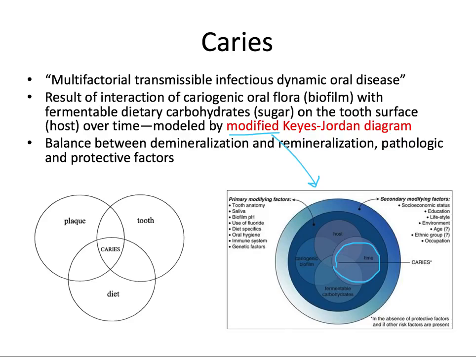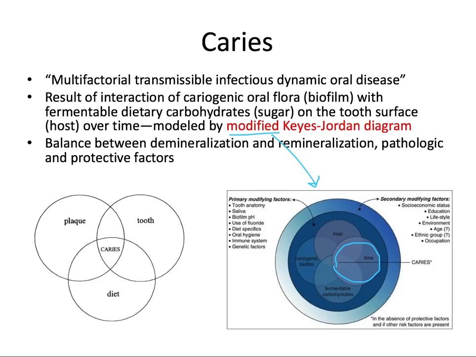There's saliva, pH, fluoride, hygiene, all things that we've touched on throughout this video. And again, most importantly, we need time for a cavity to happen. This isn't something that's happening overnight. And this is how the modified diagram came to be. So it's a balance between demineralization and remineralization, pathologic and protective factors, like a seesaw going up and down.